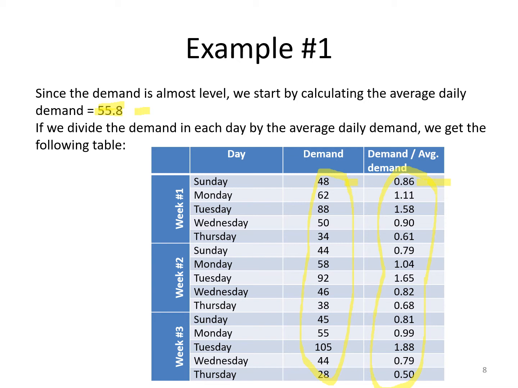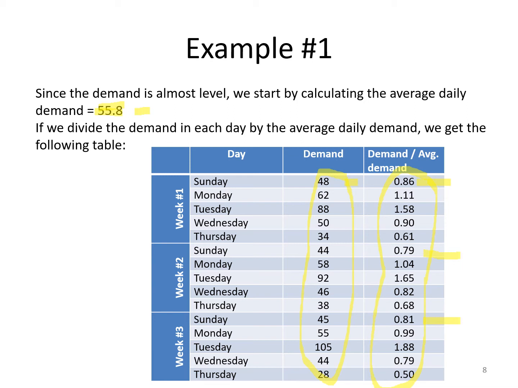0.86. When you look at the value again on Sunday for the next week, it's 0.79. The value again in the third week is 0.81. So we are talking about an average value here for that ratio, which is again a representation of the seasonality factor.